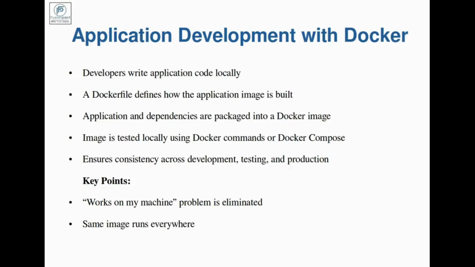So this is the general flow of Docker. The first thing is the developers who are building the application. They write the code, commit it locally, and then push it to the remote branch on the GitHub side.